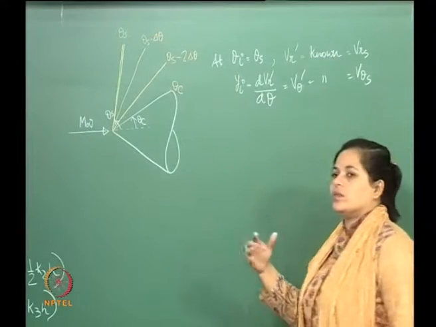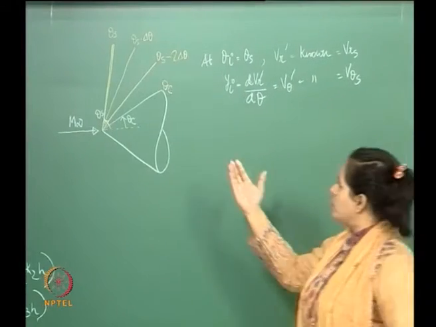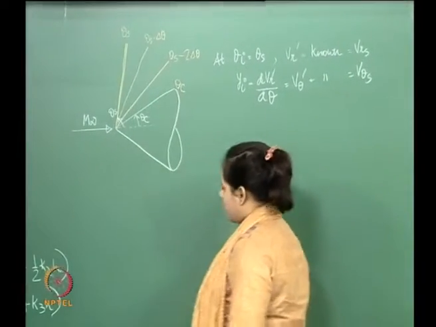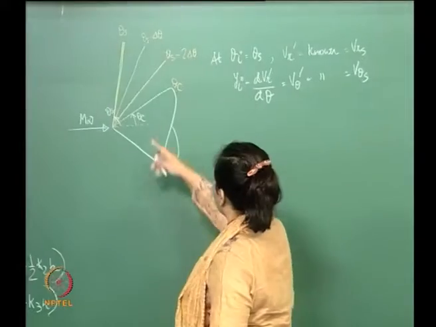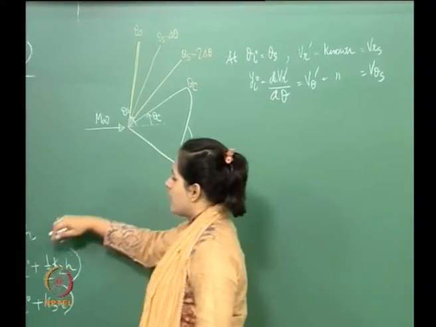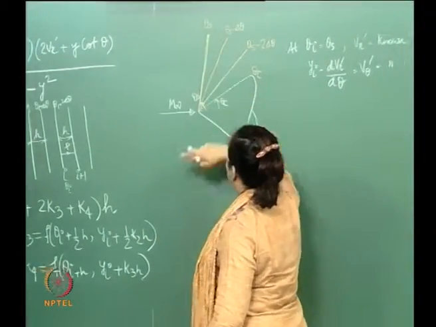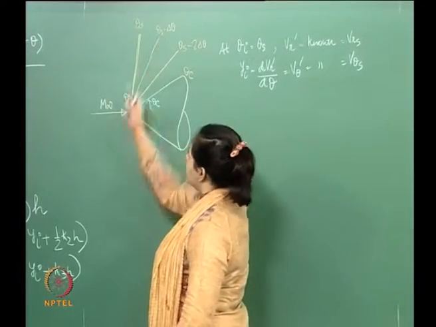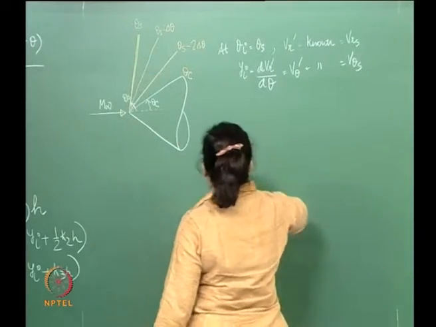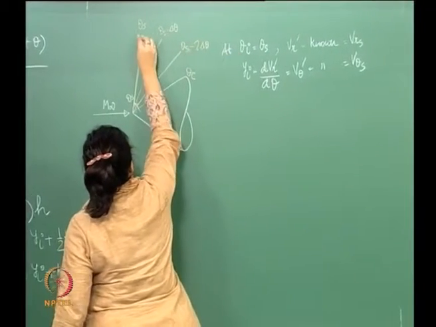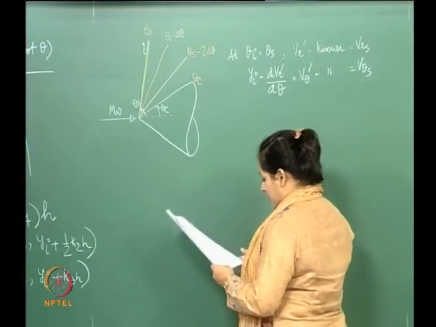Obviously, the more thetas you take, the more of the properties one will be able to calculate. So starting here, y i plus 1 is essentially the function value at this radial location, at theta s minus delta theta. So let's say this is i out here.